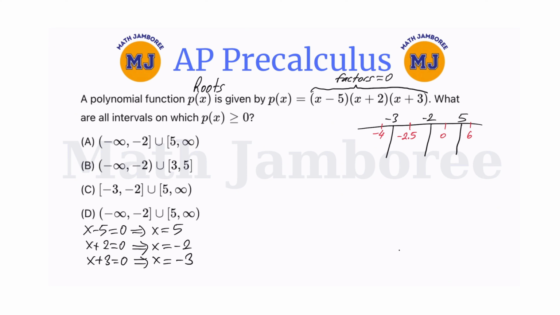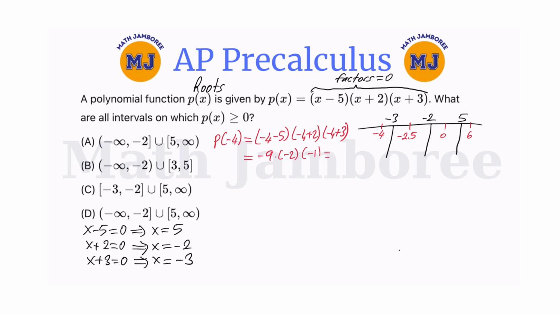And let's check for p of negative 4. This means we will just substitute negative 4 for the x. This becomes negative 4 minus 5, negative 4 plus 2, negative 4 plus 3: negative 9 times negative 2 times negative 1.